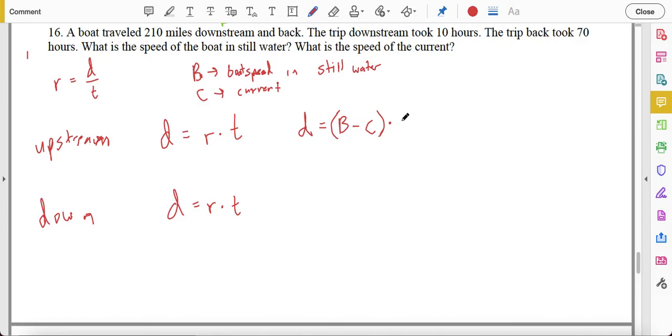That time is 70 hours. And for downstream, our rate is the boat speed plus the current, because it's going in the same direction, that it's helping, and it's times a time of 10 hours.